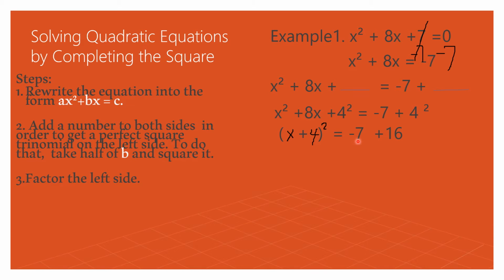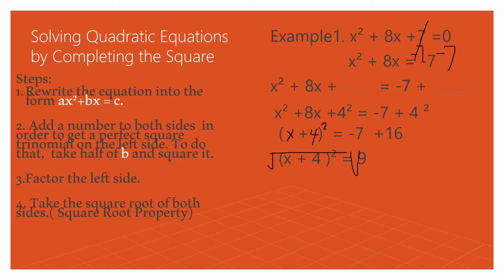Is equal to negative 7 plus 16. 4 times 4. Then simplify natin yung negative 7 plus 16, that is 9. And then next step, take the square root of both sides. So kunin natin yung square root ng bawat side ng equation. Ito ngayon ay magiging, makakancel na. Magiging x plus 4 na lang sa side na to.